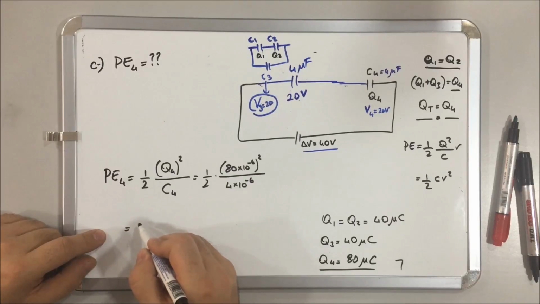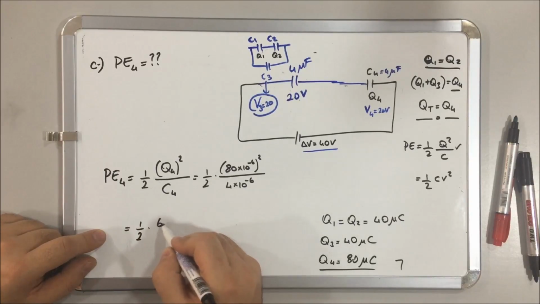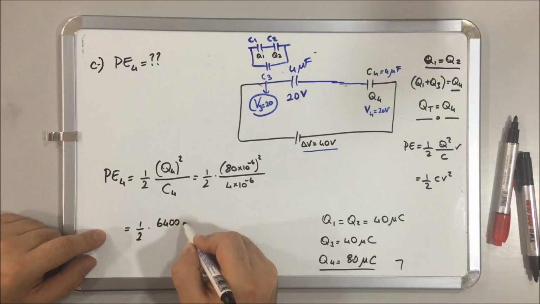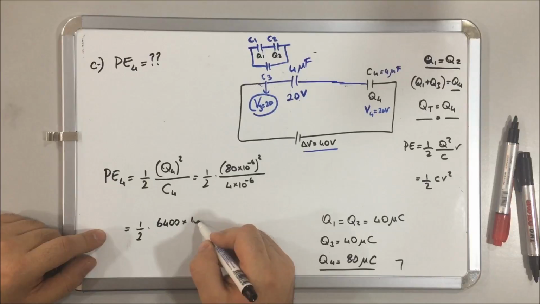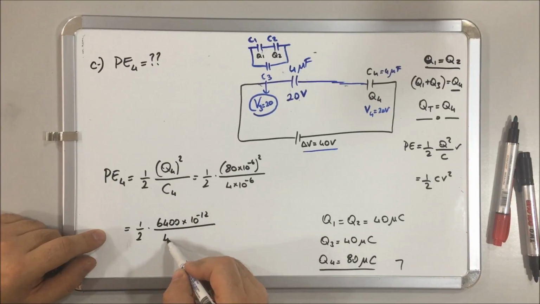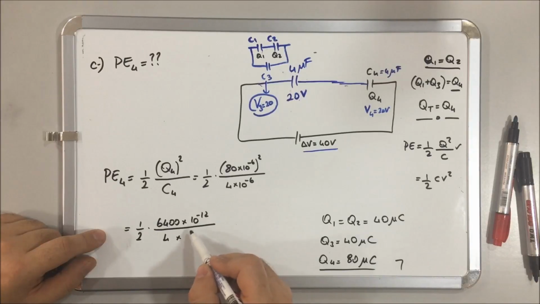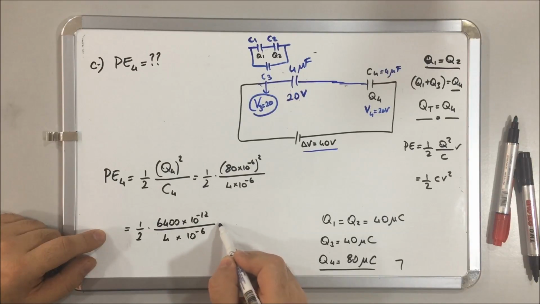So the result will be half times 80 squared, 6400, times 10 to minus 6 squared, 10 to minus 12, over 4 times 10 to the power of minus 6.